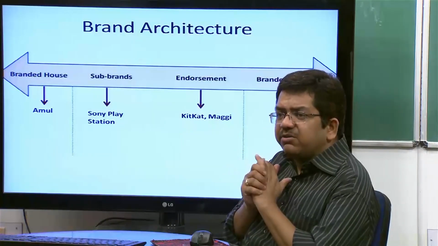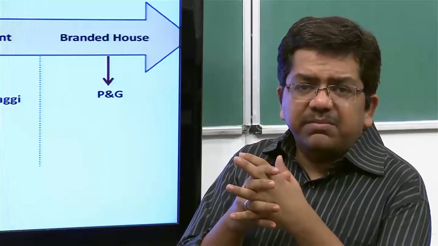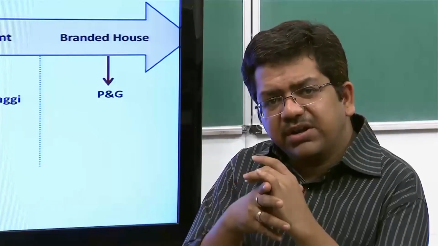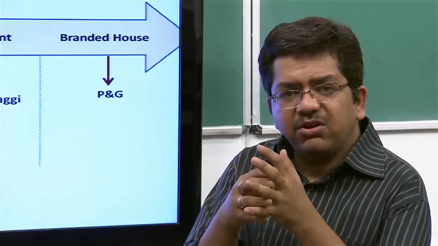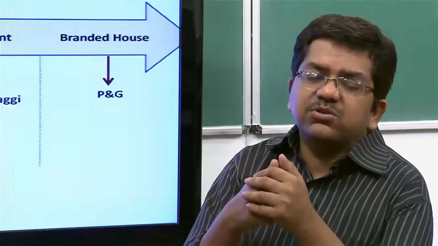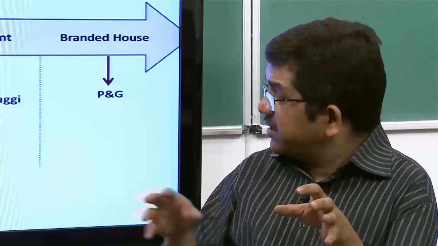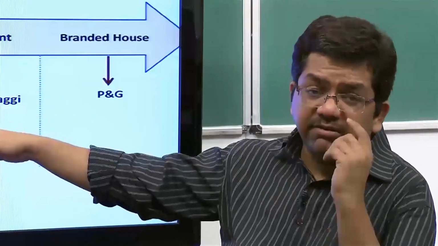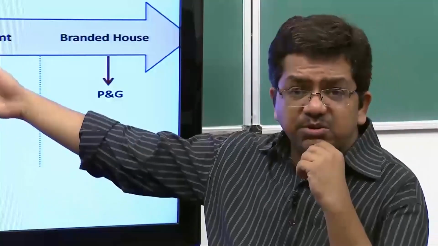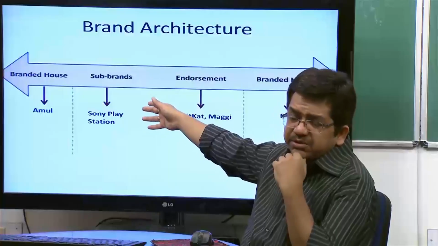In the B2B market, corporate branding is very common, because there are so many offerings from one organization that a customer will not remember them, and the pace of technological obsolescence is also very high. So, customers will like to remember that one branded house, like Microsoft or Cisco. Those are some of the branded houses in the B2B domain.